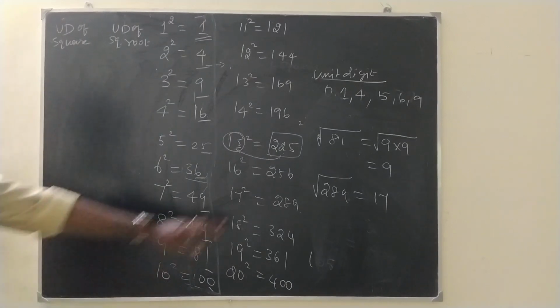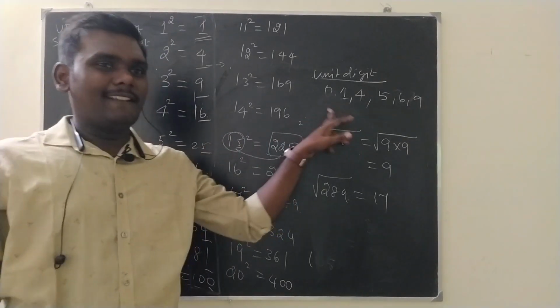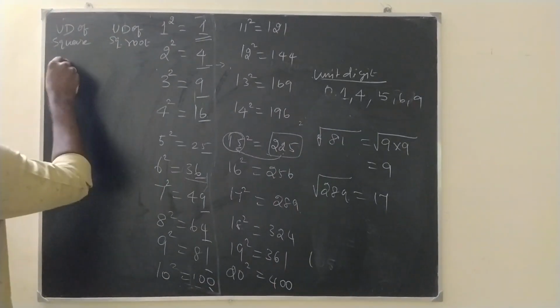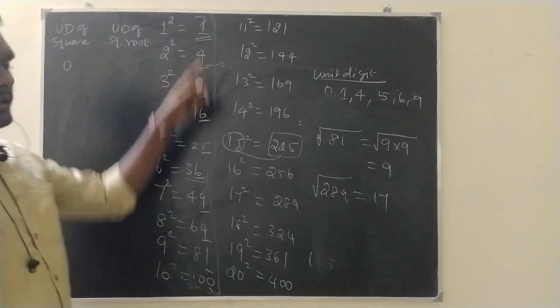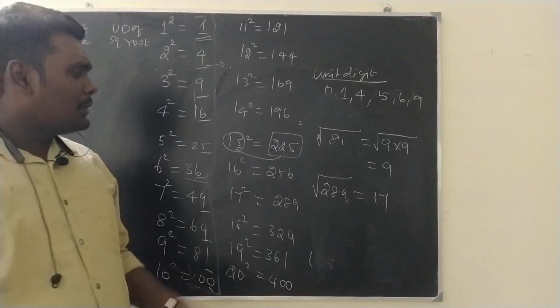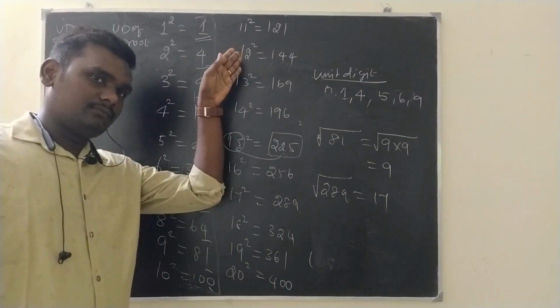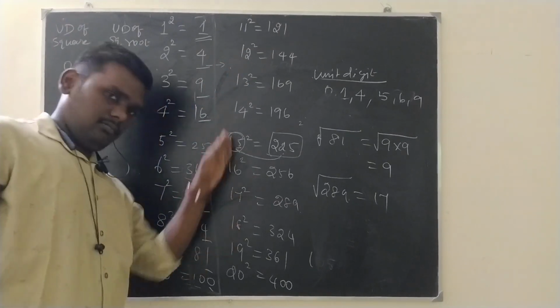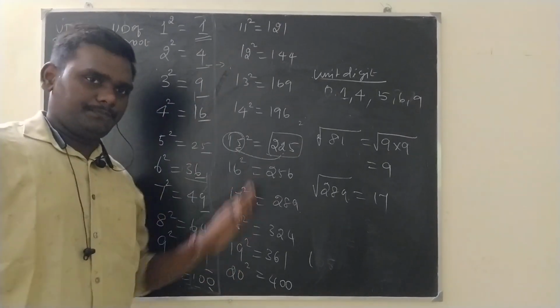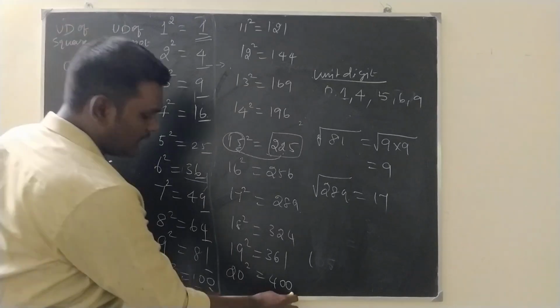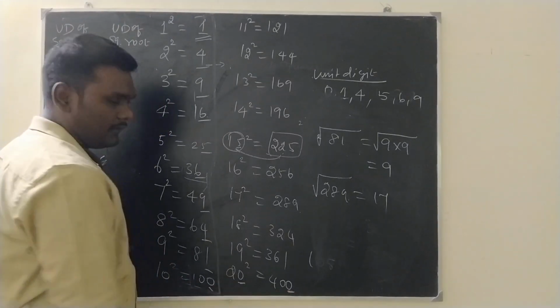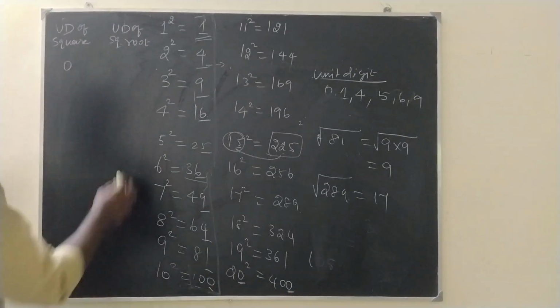If the unit digit of a square number is 0, then what would be the unit digit of the square root? Which number did I call the square root? It is on the left side of the equal sign. So if the unit digit is 0, what is the unit digit of the square root? 0.